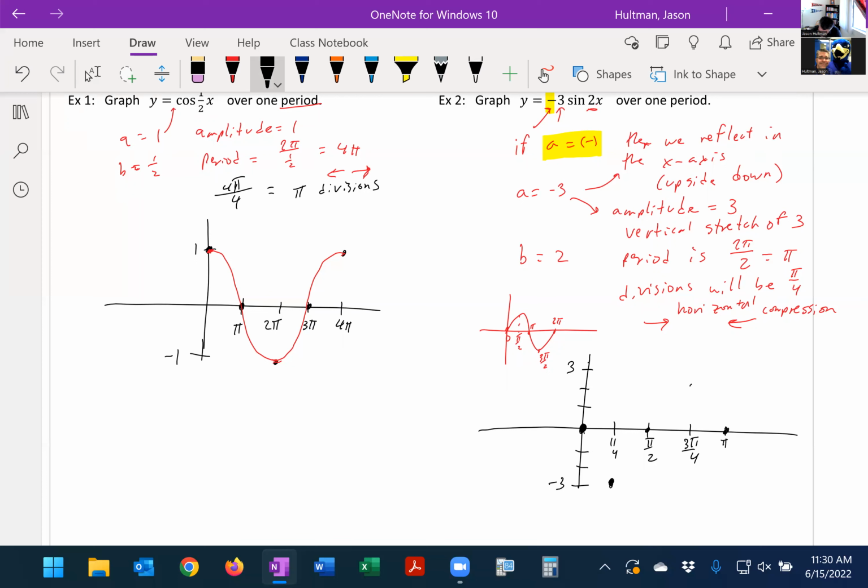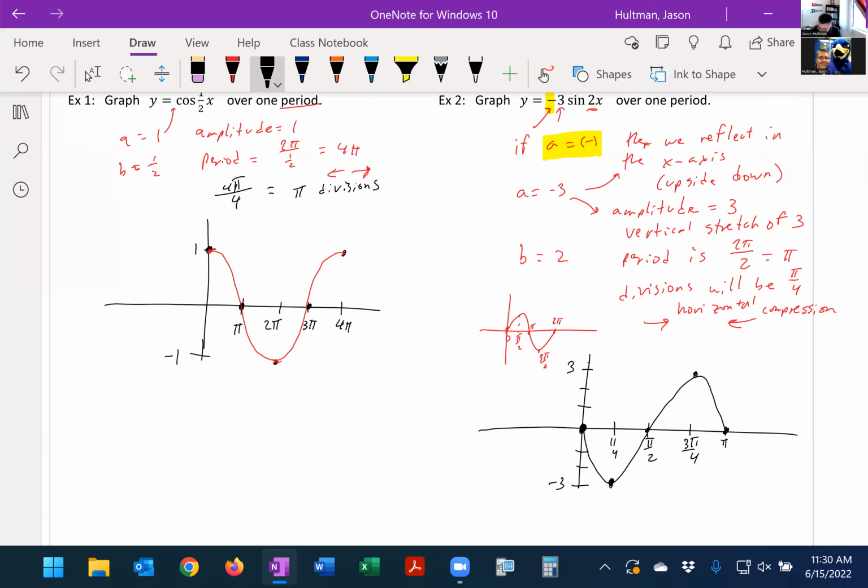Let's make this point go over a little more. Okay, so now we've got this here. That looks better. So that's one period of that sine.